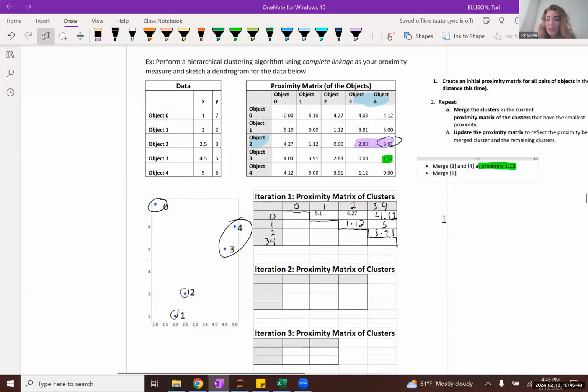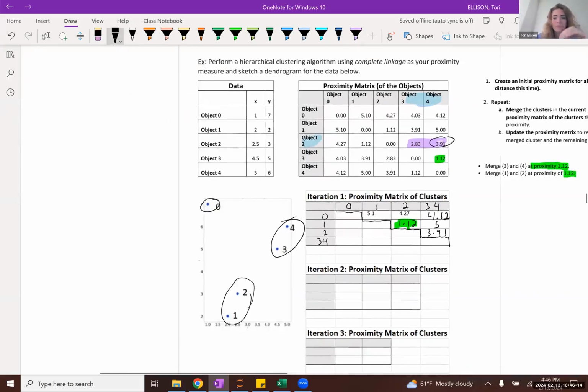So we would merge 1 and 2 also at a proximity of 1.12, because based on this proximity matrix, 1 and 2 are in fact the closest. So 1 and 2 are going to merge together.